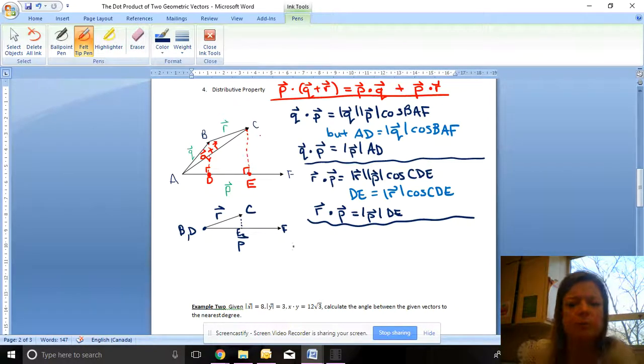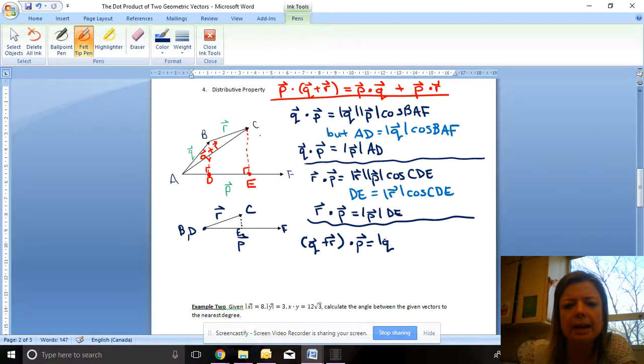So now I'm going to do Q plus R, which is this vector here, dotted with vector P. Okay, so that's this. Now I'm looking at this CAF, like here AC, that's the vector Q plus R, and then AF, that's the vector P, and I'm dotting them together.